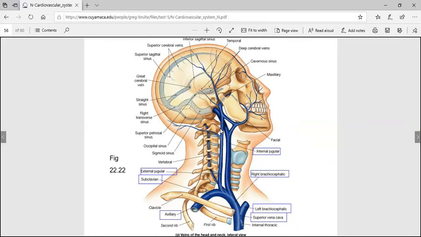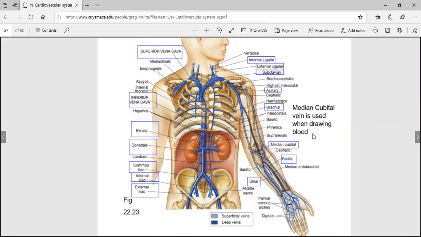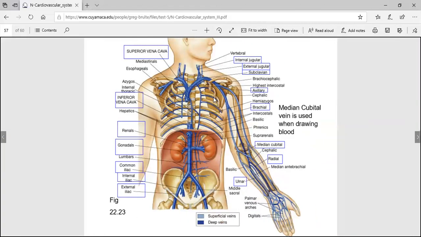So remember, all this is bringing blood to the heart, to the heart, to the heart, right? Don't confuse it with arteries, which are bringing blood away from the heart. And then see how this is flowing into your subclavian, then your right brachiocephalic, then your superior vena cava, and then boop, into the heart. So it's kind of nice.